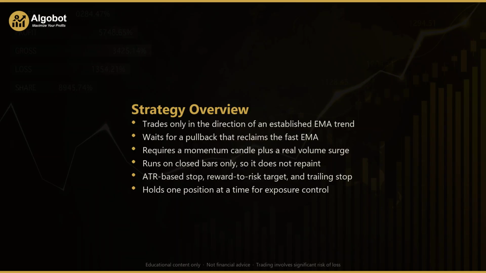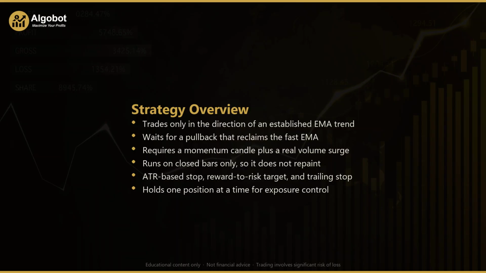A simple pullback system will often enter on any candle that reclaims a moving average, and many of those reclaims turn out to be weak and short-lived. By requiring that the entry candle also shows a genuine surge in participation, the strategy aims to filter out the quiet, low-conviction moves and focus on the ones where more traders are actually stepping in.